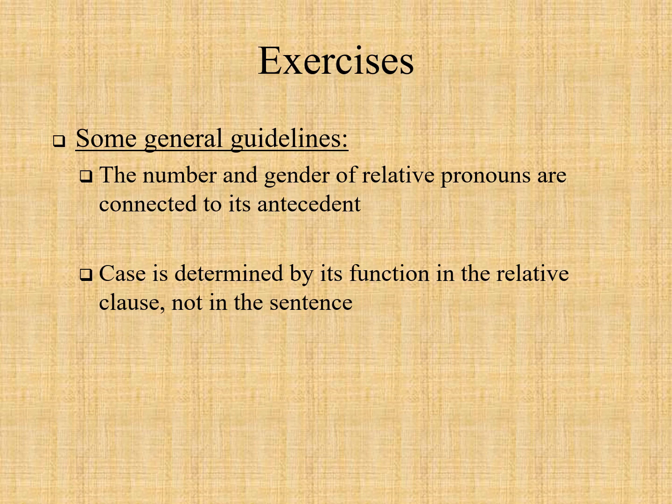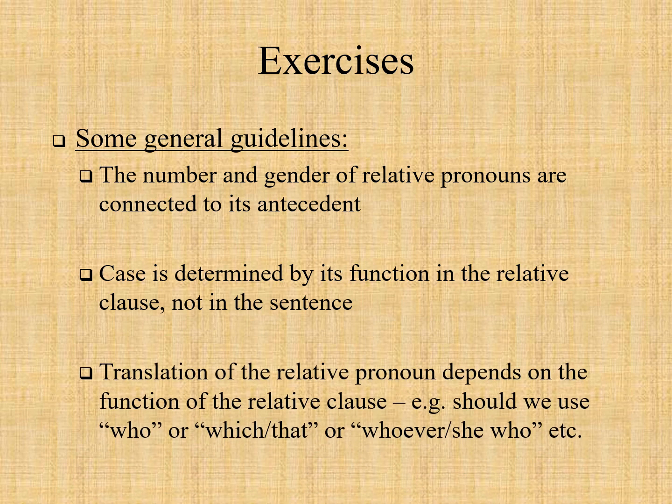And I think the previous example indicated that already. And finally, translation of the relative pronoun depends on the function of the relative clause. In other words, should we use who or which or that or even whoever or he who or she who or something like that.